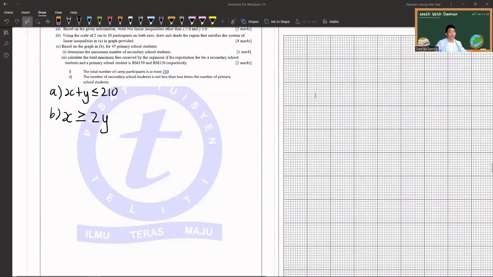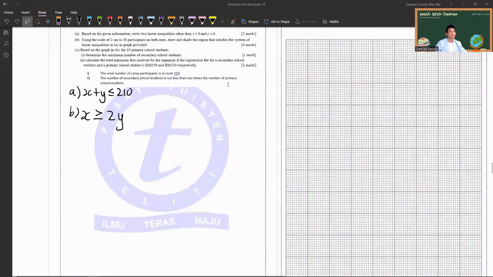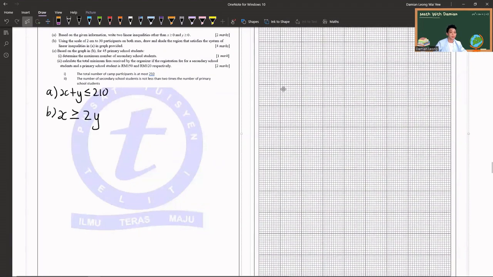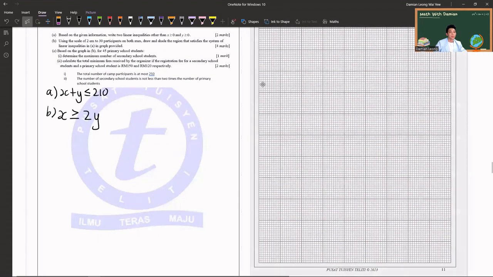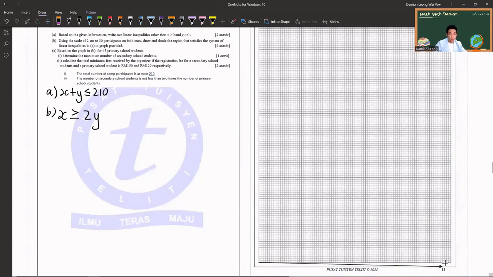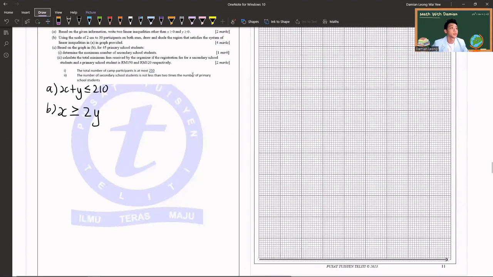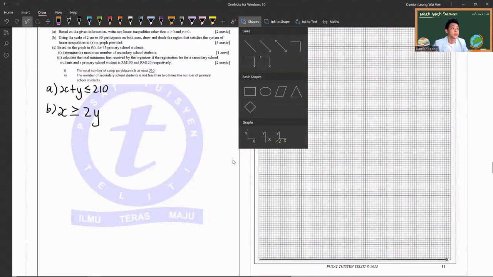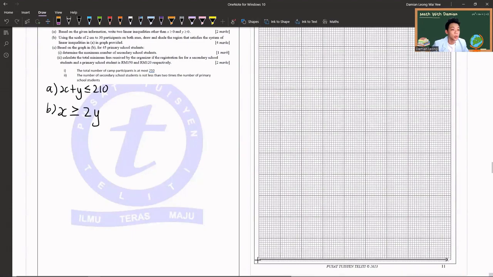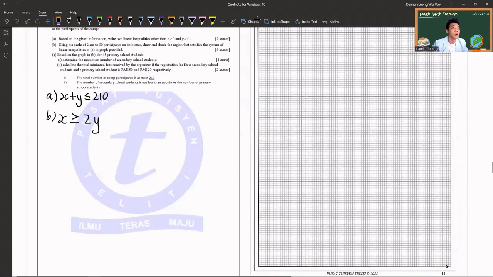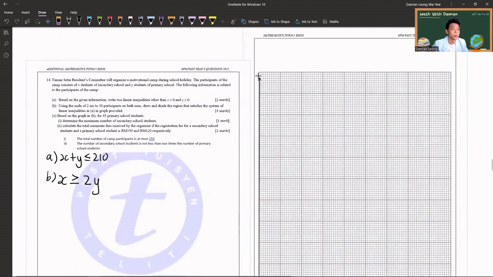So we have to follow the scale, 2 cm to 30 participants on both axes. So 2 cm again means each box. So we have to follow each box. I put 30. I have to make sure it fits for both the horizontal and vertical axis. For this kind of graph, definitely x and y will both be more or equals to 0.